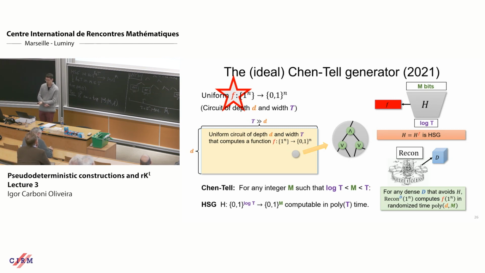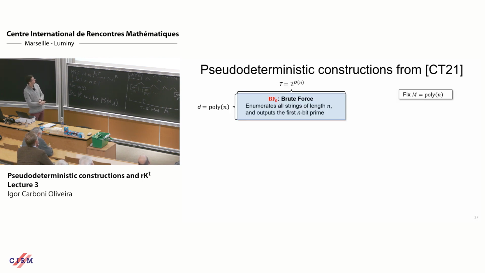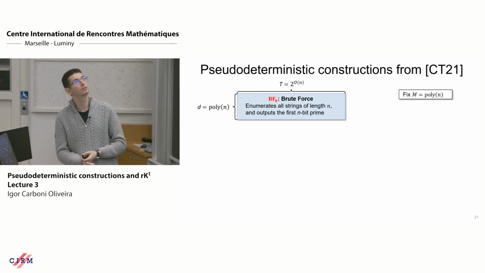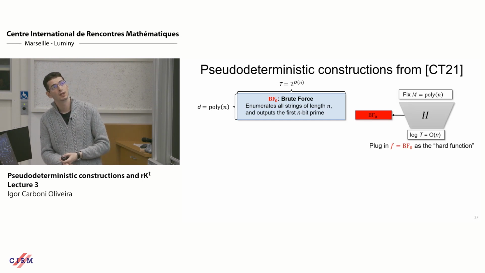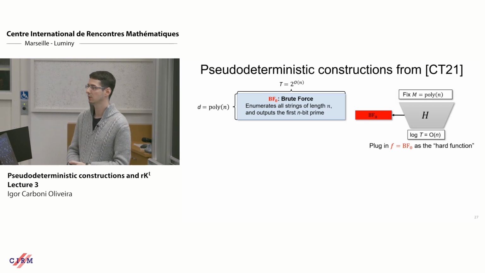Okay, so let's use this generator now. As before, we're going to fix m, so we're going to have a polynomial stretch. We consider as our first function this brute force circuit that I just described, let's call it BF0. It enumerates all strings and takes the first prime. We instantiate the Chen-Tal generator with this f as the hard function.